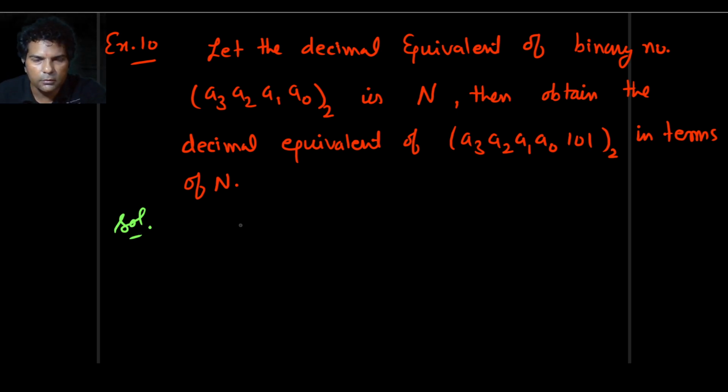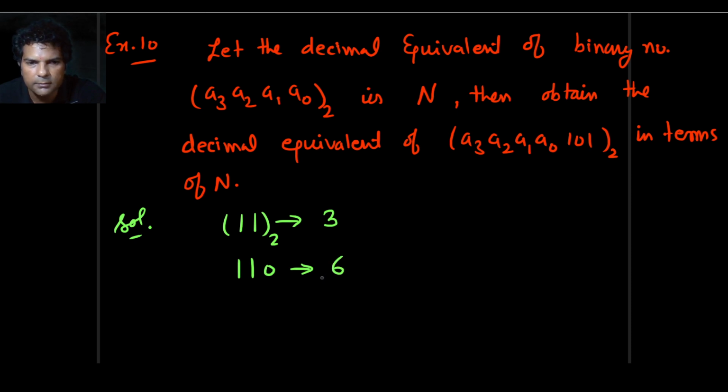First, let us understand this concept. 1 is binary, and the decimal equivalent is 3. If we append a 0 at the LSB position, the decimal equivalent is 6.